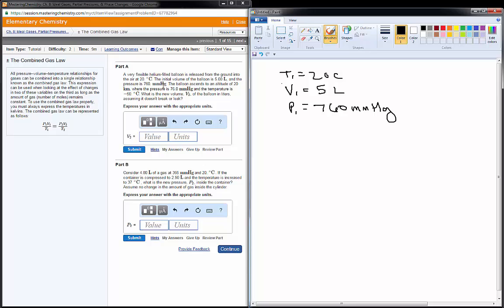Then they tell us that this balloon ascends to this altitude where the pressure is, our new pressure, 76 millimeters of mercury. The temperature is minus 50 degrees Celsius. And they want to know what is the new volume.